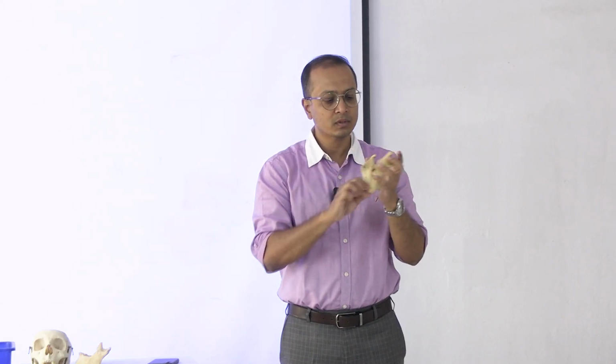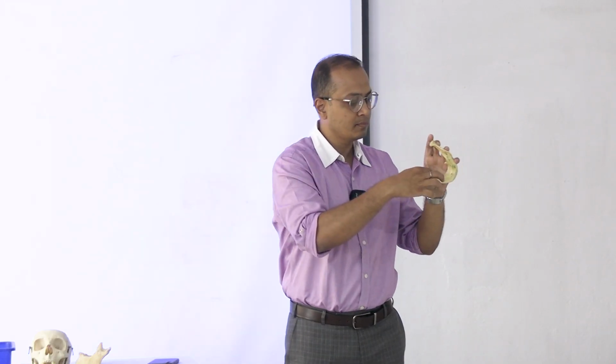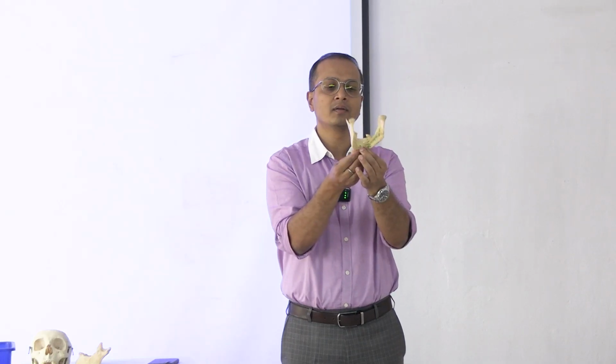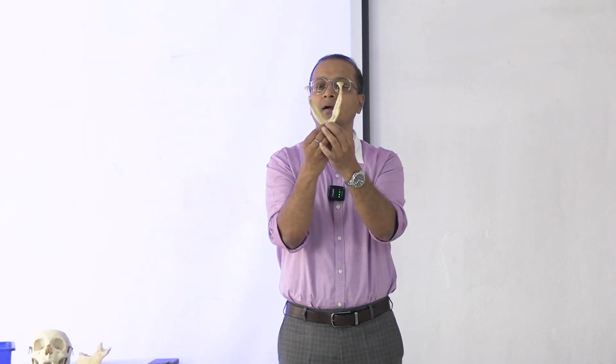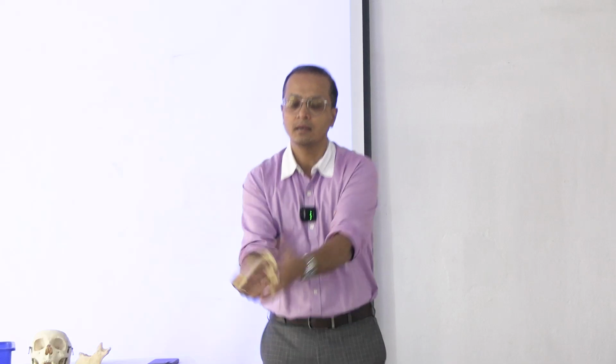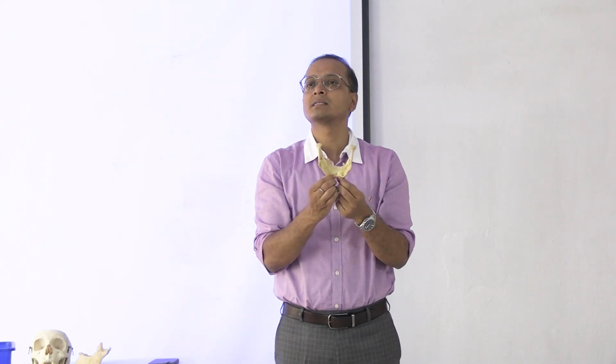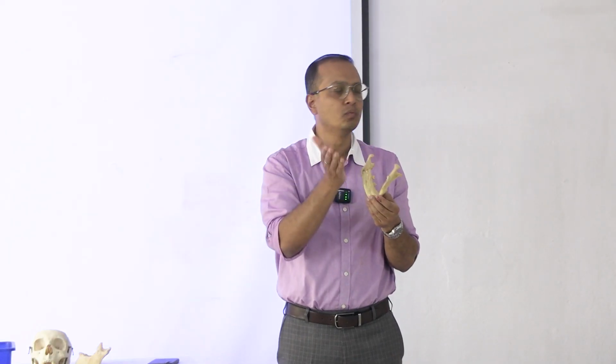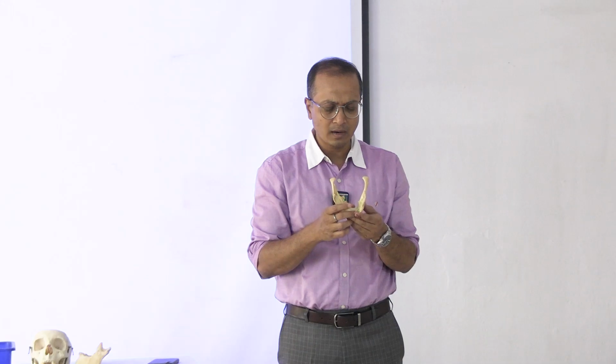The mylohyoid line runs obliquely, and the groove is on the symphysis menti, right and left of this part where I am holding it. This mylohyoid line splits these things into 2 parts, but I do not want to make it complex. The mylohyoid line and digastric groove are good enough for us at this point.